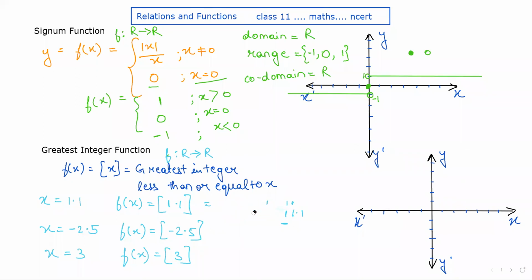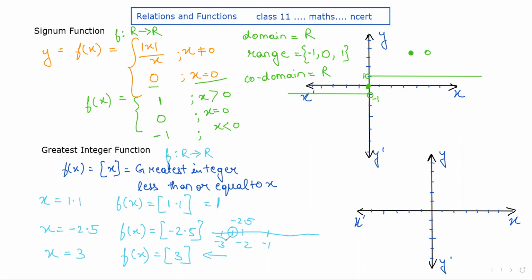Let's study the next one. What about f of x equals box of -2.5? On the number line, this is your -1, this is -2, this is -3. So -2.5 would land somewhere around here. All the values which are less than -2.5 will be on the left hand side.